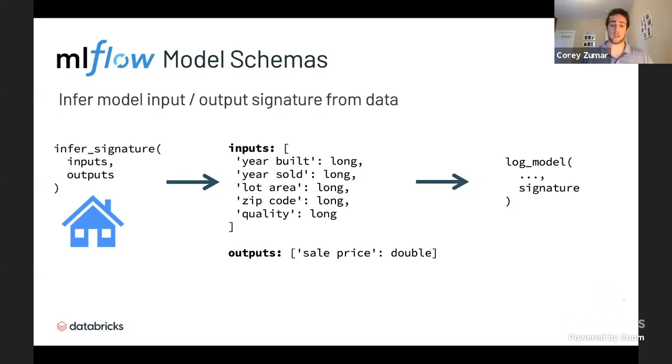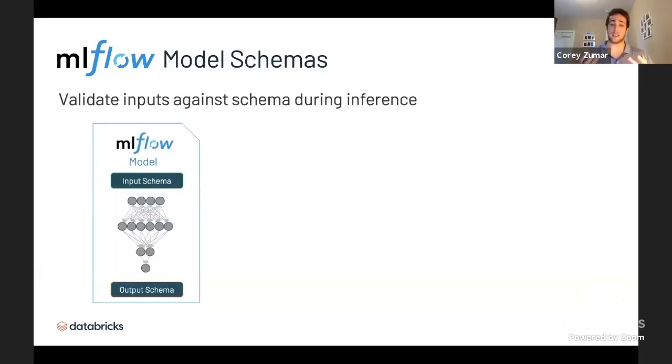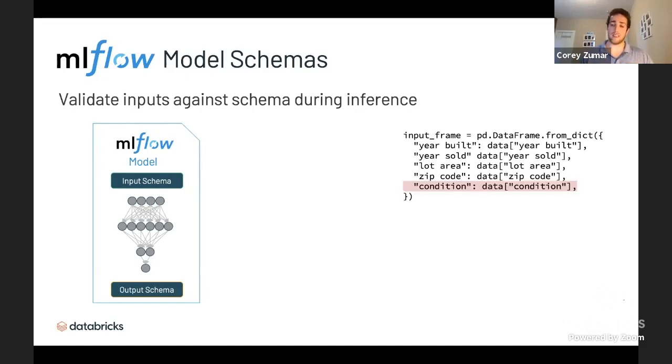And we can take a look at this example workflow in the context of schema validation. Once your MLflow model is associated with a particular input and output schema, it will then validate incoming data against that schema. In this instance, we can imagine swapping out that quality field with another field that's present in the same data set and has a very similar value range called condition.